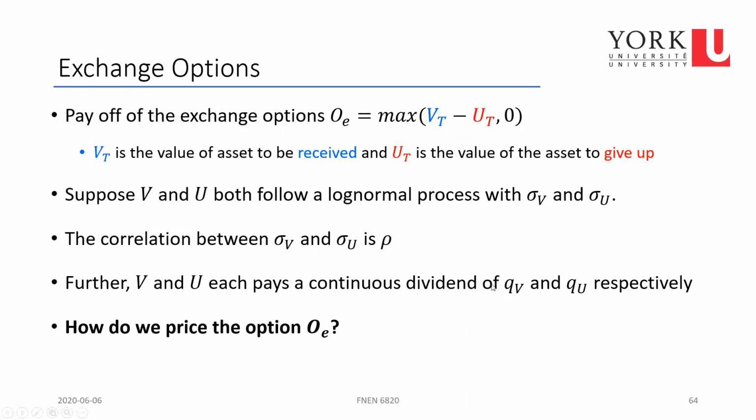And just to be general, suppose V and U also pay continuous dividends at a rate of QV for asset V and QU for asset U. Under this construct, we actually have a closed-form solution for the exchange option.